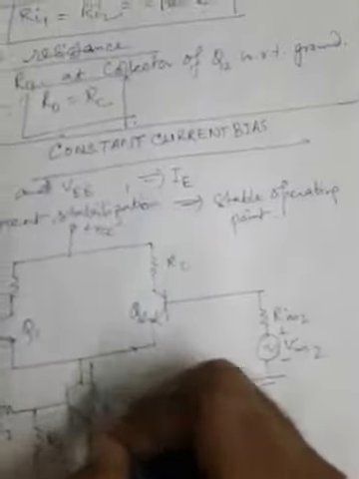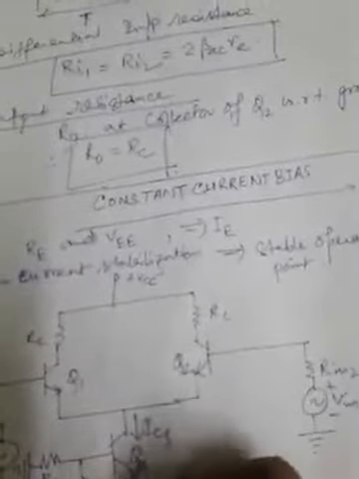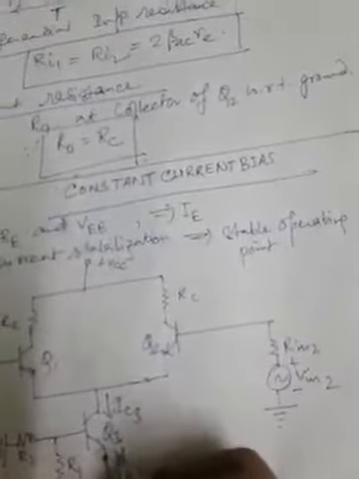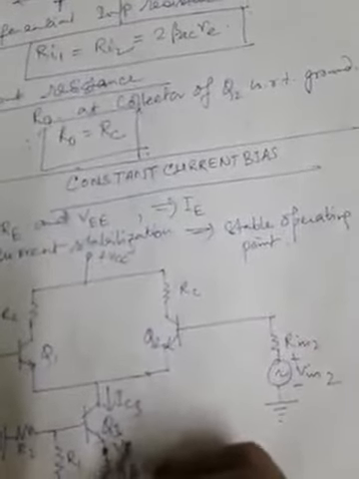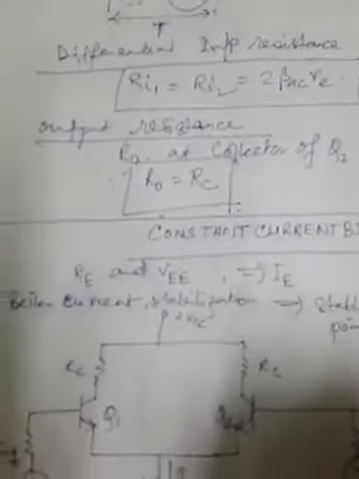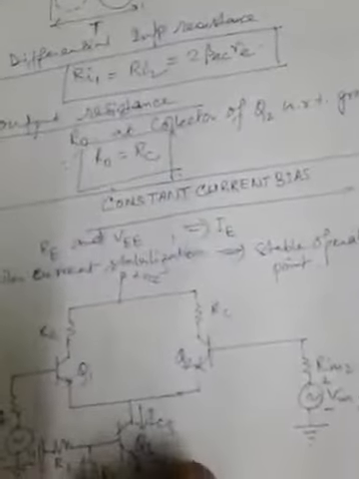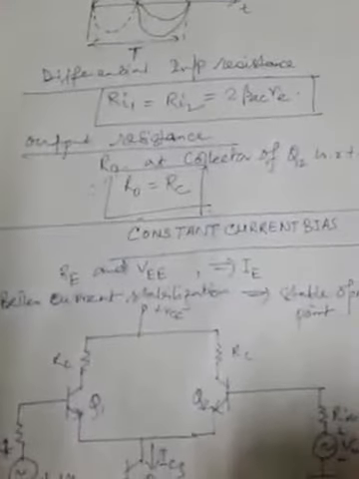The current that is flowing from collector through to the emitter is IC3, and this transistor is named as Q3, so its collector current is IC3 and its emitter voltage is denoted by VE3, and the voltage drop across R1 is plus minus in this way.